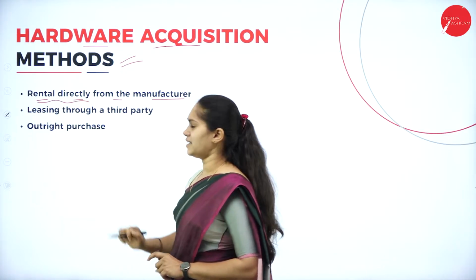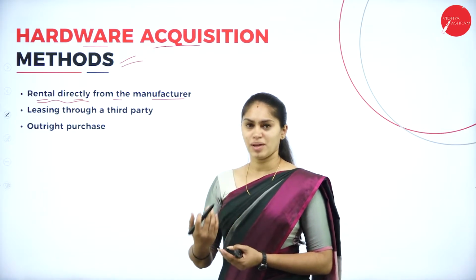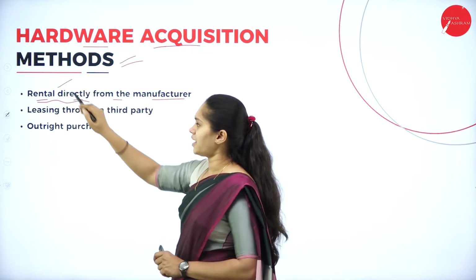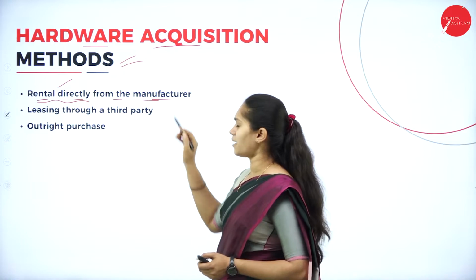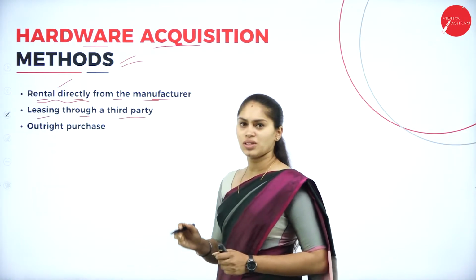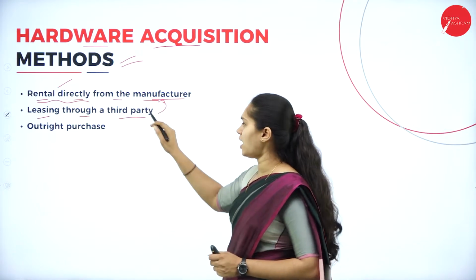So here, rental could be based on the number of months, or the number of weeks, or days. We can take the rent of the hardware devices directly from the manufacturer, or else leasing through a third party. That third party can be the manufacturer or the owner of the hardware device.